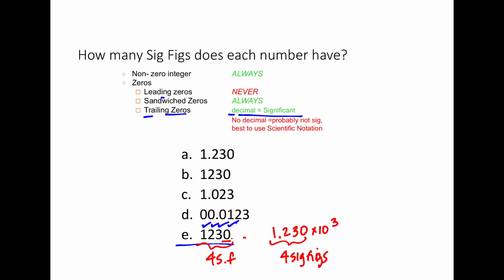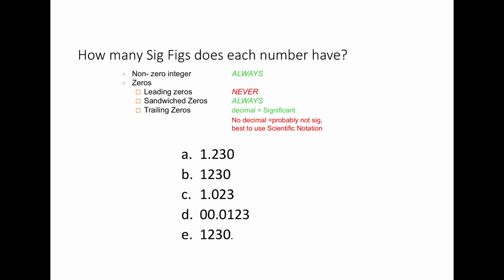But the 0 and the decimal point aren't at the very end there, and it doesn't look as weird. So scientific notation can be used to make that look less awkward and to make that trailing 0 significant. And now we've learned how to figure out how many sig figs a number has.